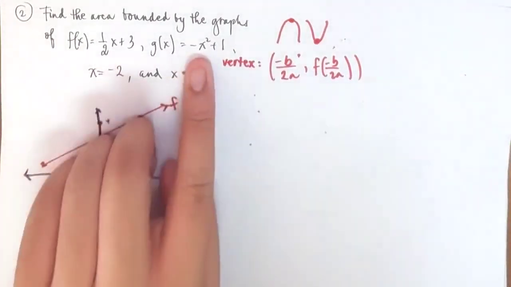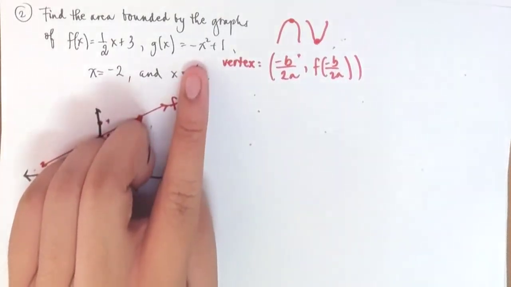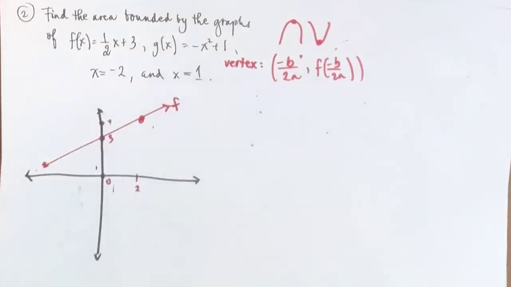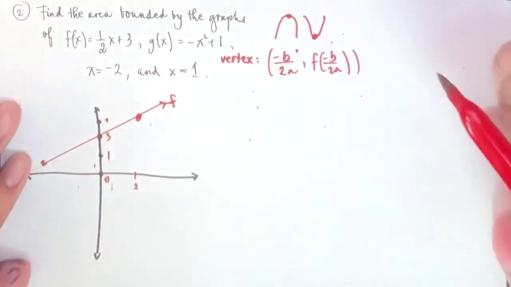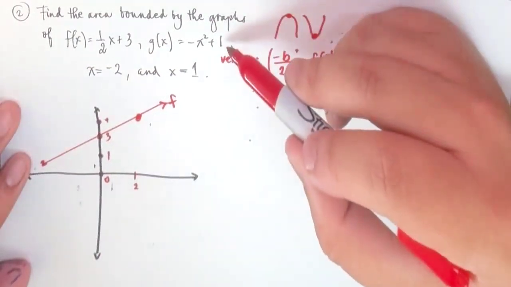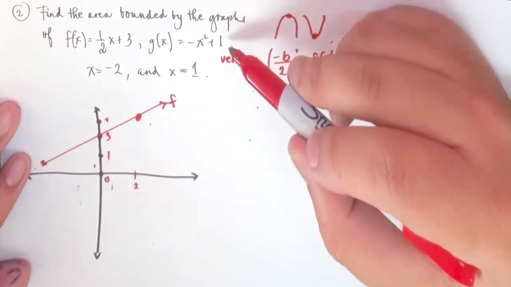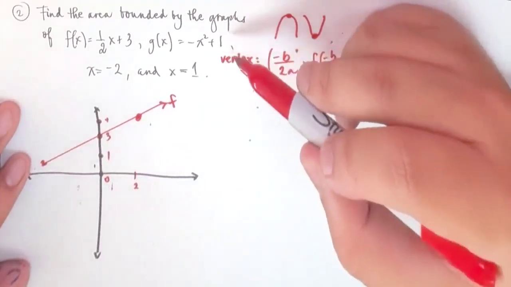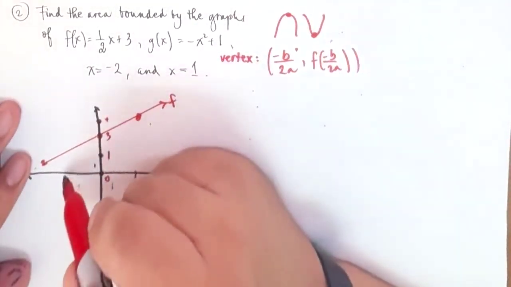Now for this particular case, the vertex is just at x equals 0 and y equals 1. So somewhere here. Then we also notice that when x equals plus minus 1, when you solve for x when this is equated to 0, what we get is our 2 points on either side.